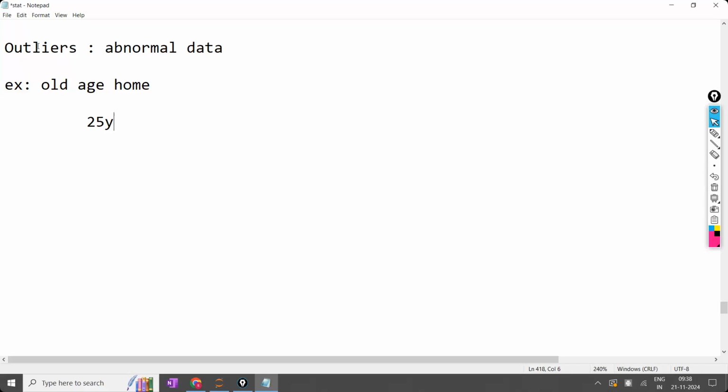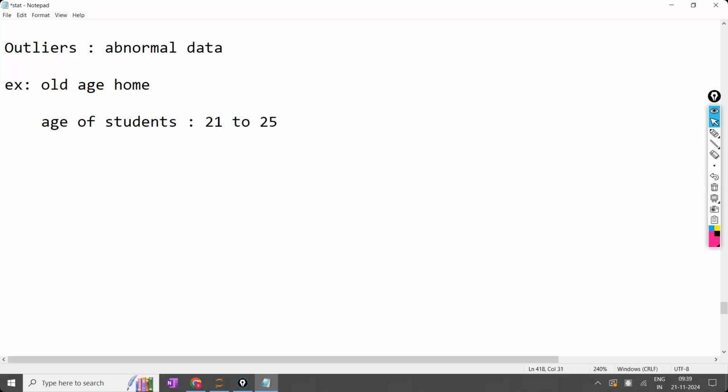Here the reason is not required for us. But what are the data we are having? This type of data, the 25 years person, will be considered as an outlier in the old age home. Similarly, in this class, generally, what is the age of the students? It would be in the range of 21 to 25, like 21, 22, 23, 24.